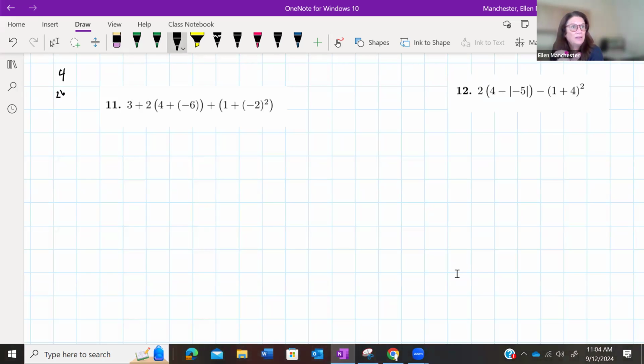Do I have the right sign? Yeah, so on this part right here, what'd you get? Okay, so that's right. And then you add to that because it's inside the brackets or inside the parentheses.